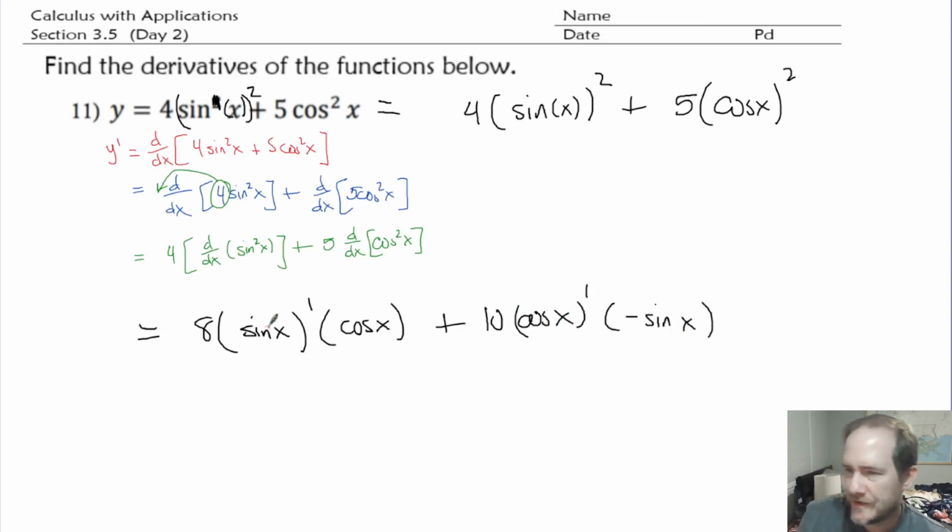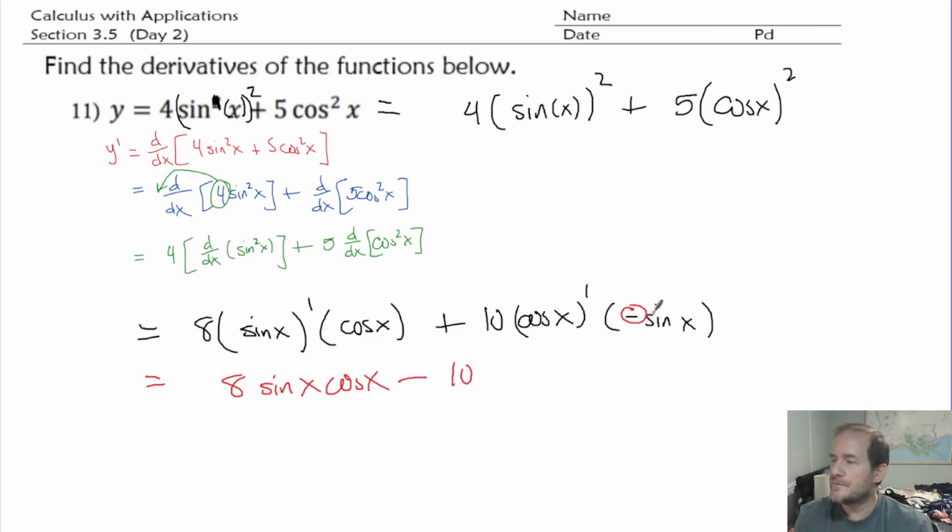And now that we've got all this, time to play cleanup. This is looking like 8 sine x cosine x's. And then it's minus, so minus 10 sine x cosine x's, and technically I would flip these. Just because we already have sine and then cosine, we want to continue having sine and then cosine, because that helps us recognize our like terms.